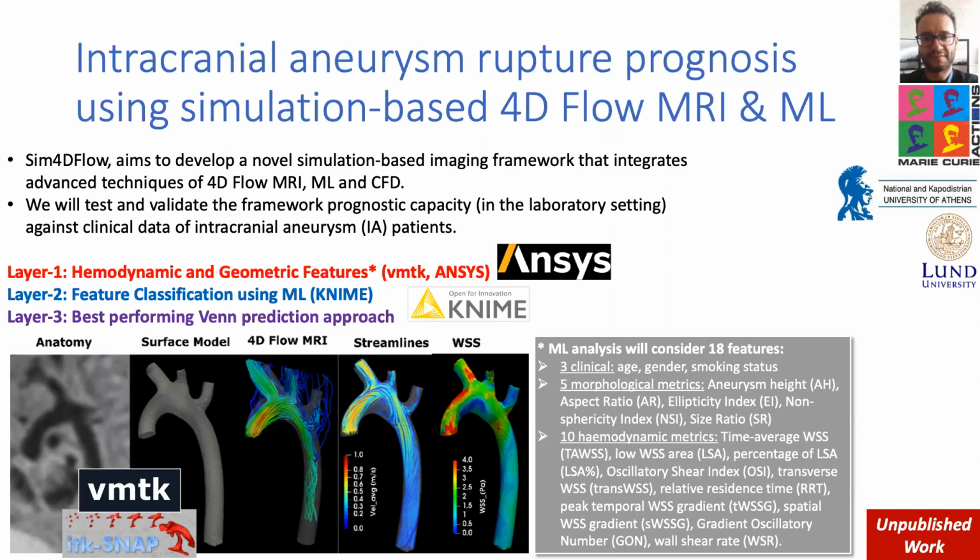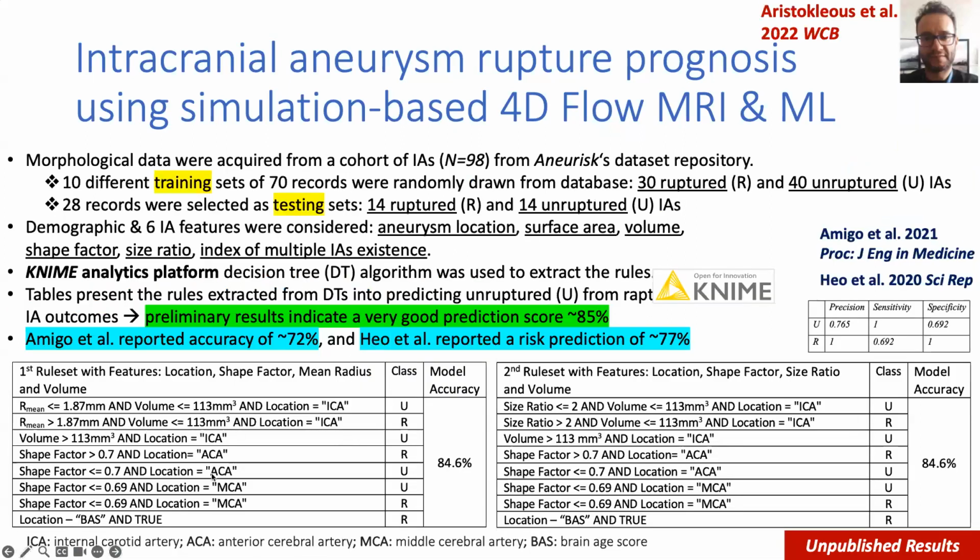So doing all this processing using statistics is probably not entirely clear because of the complexity of the disease. So in this case, we employ a decision tree algorithm to extract the different features and indicate which is the best marker that can give us the best prediction of rupture. Those are published results, and they're going to be submitted for analysis very soon this year.